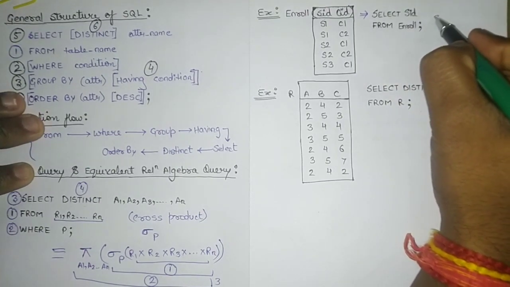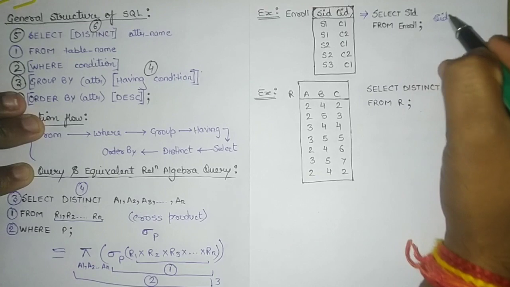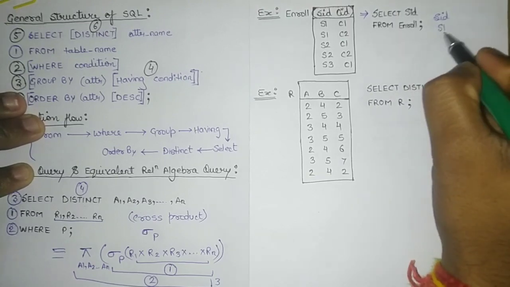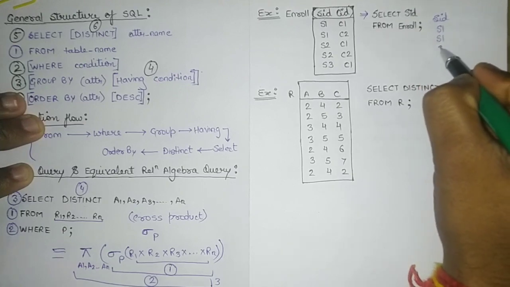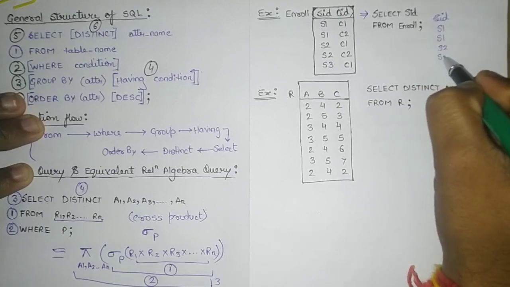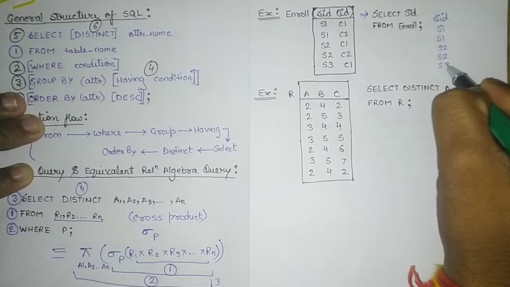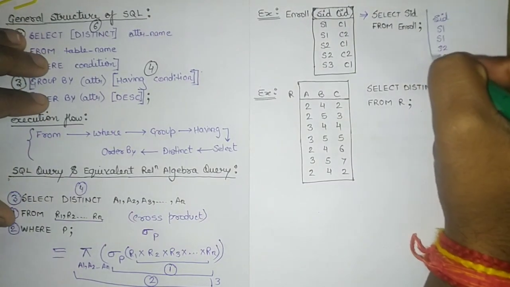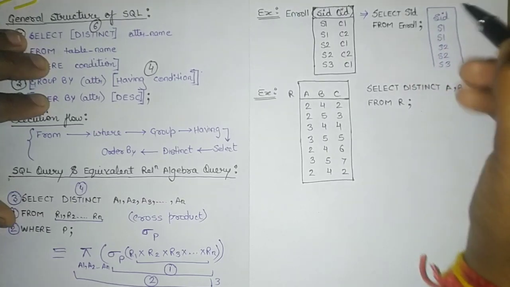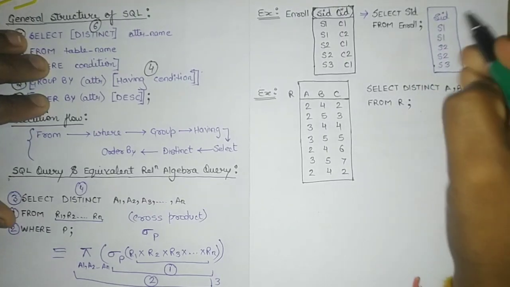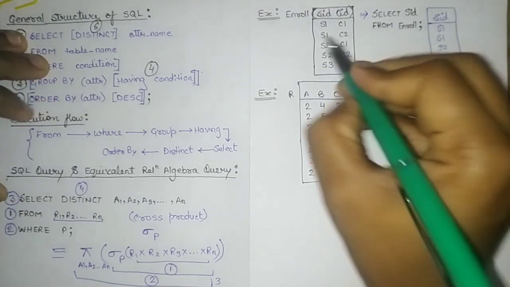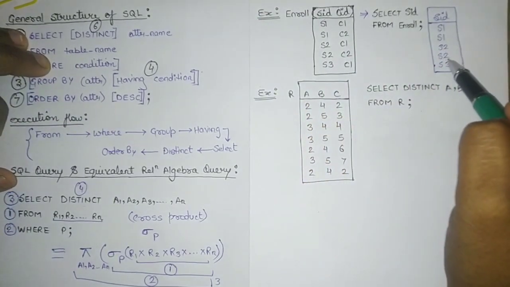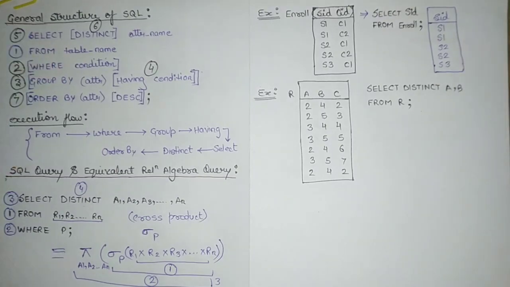What will be the output? The output would be a table with the attribute student ID, and under the student ID there will be 5 records. Why 5 records? Because in SQL there is no distinct by default. That means it will give you repeated values if there are repeated values in the rows. You can see that S1 is repeated, S2 is repeated, and S3 is repeated.